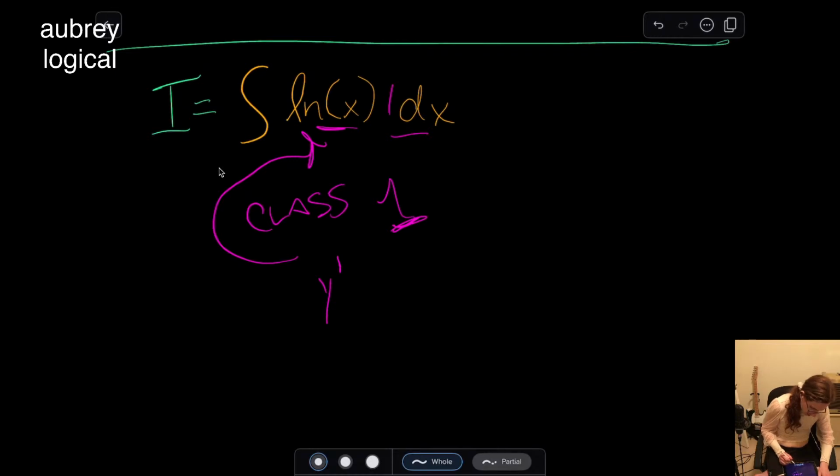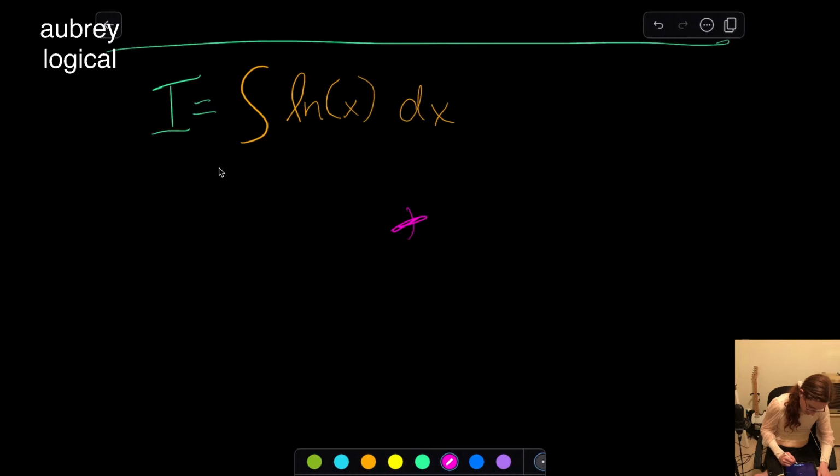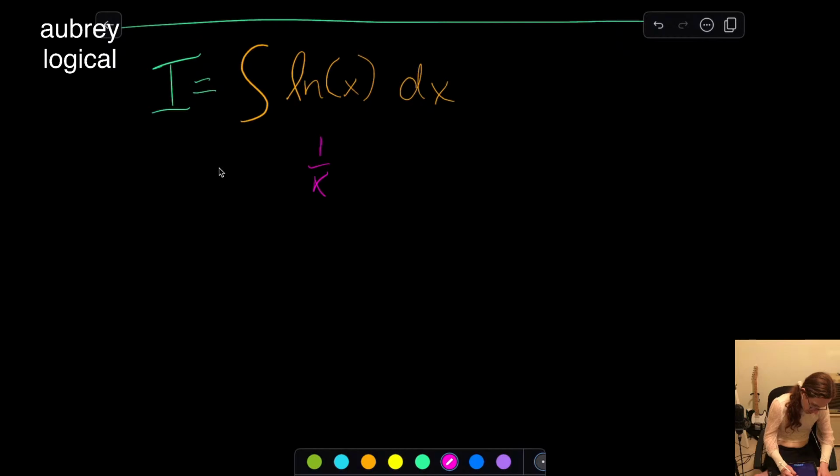Like we did in the last example, it's going to turn into 1 over x. So this indeed does become easier.